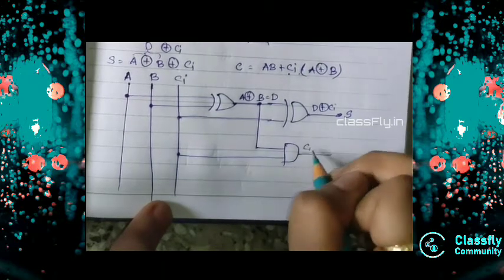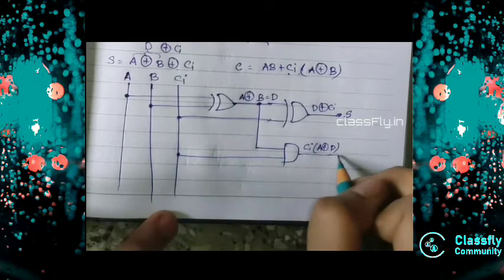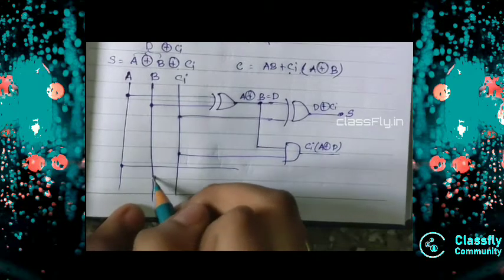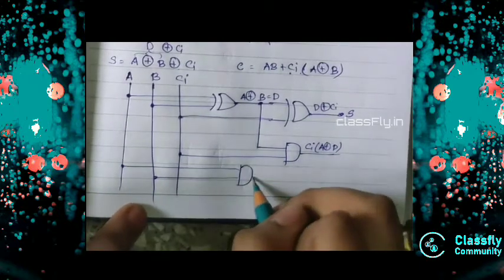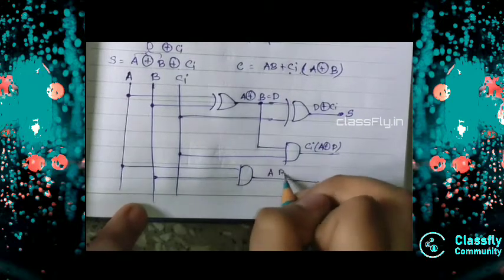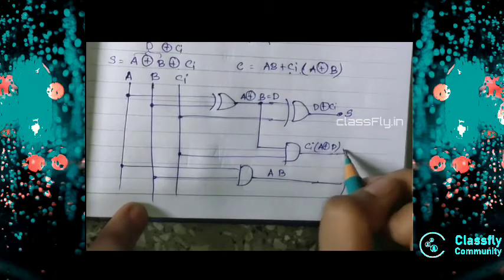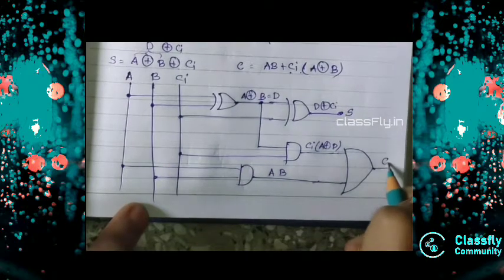This is Ci times (A XOR B). And now AB. We will take A, we will take B, and we will do the same AND operation. We got AB from here, and with this we will do, as it is plus, an OR. So we will do an OR gate and we get the carry.